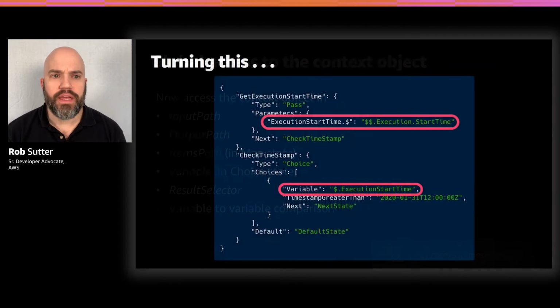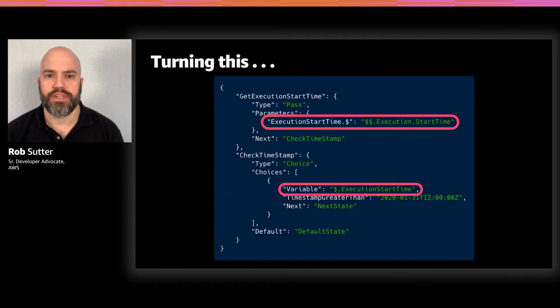Now, the power in global access to the context object is in elimination of steps and simplifying your workflows. Previously, if you wanted to compare the information in your state at execution start time to some value, for example, to make sure it was later than a certain time, you needed to do that in 2 steps.